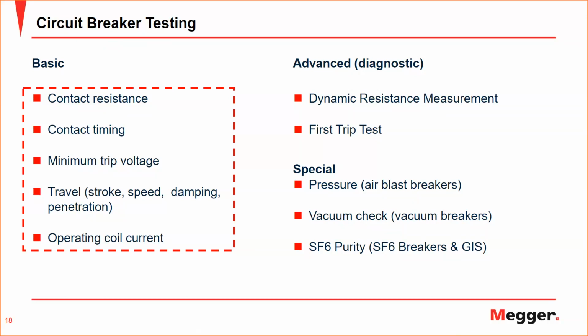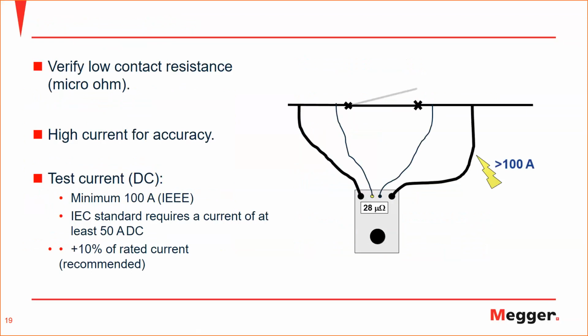So the first test I'm going to talk about in detail is the contact resistance test. Basically, we want to verify that there is a low contact resistance, usually in the range of micro ohm. Now, most testers do this micro ohm test. Some people call it contact resistance, some people call it static resistance measurement, some people call it just micro ohm test, depending on the device itself.